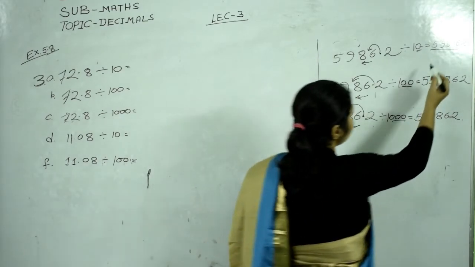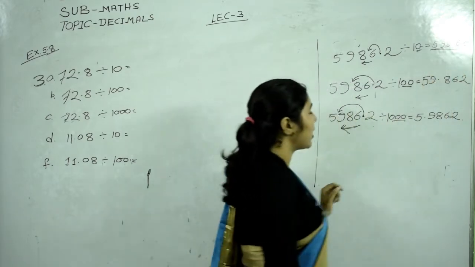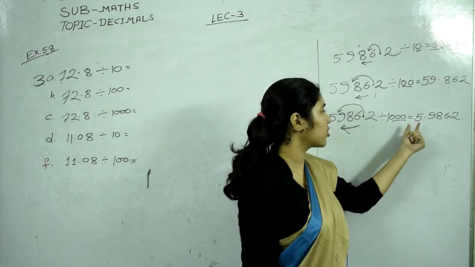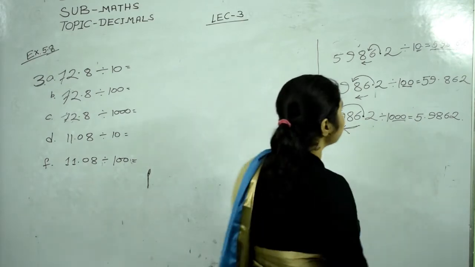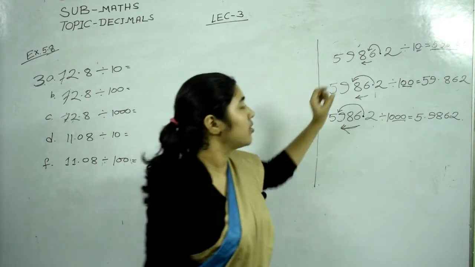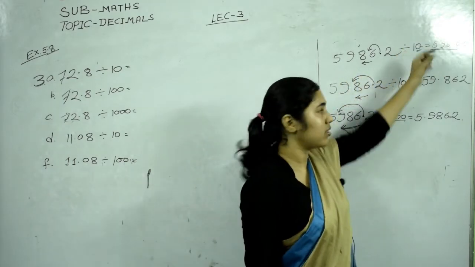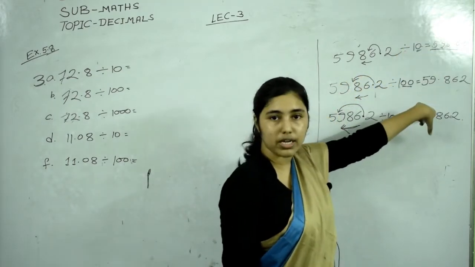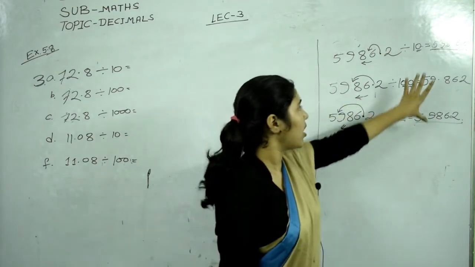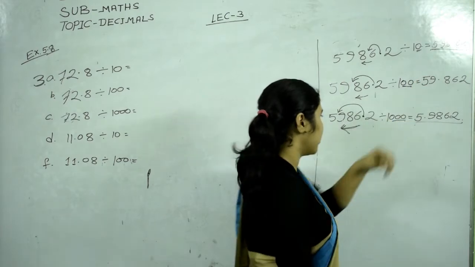And we know that 598 is more than 59 and 59 is more than 5, which means this is the bigger number among these three numbers and this is the smaller number among these three numbers.